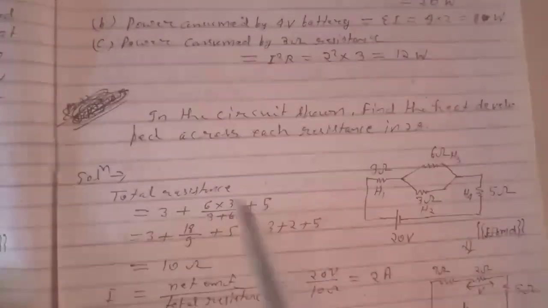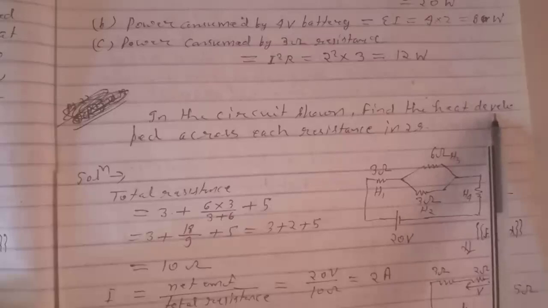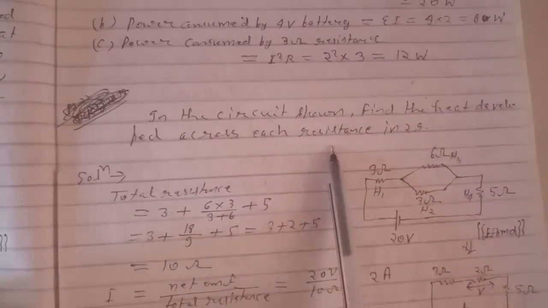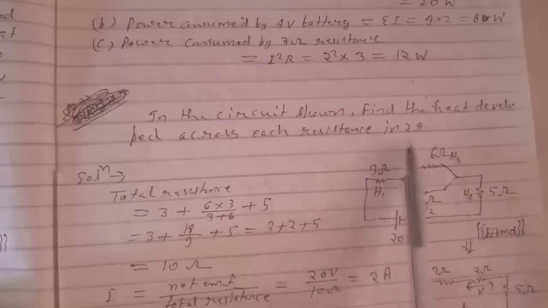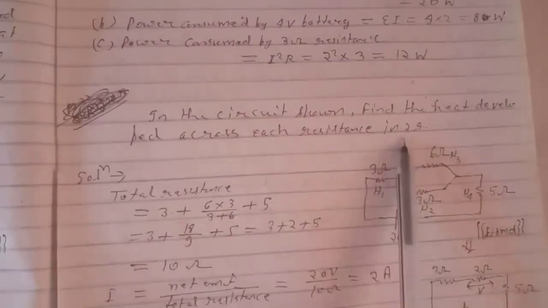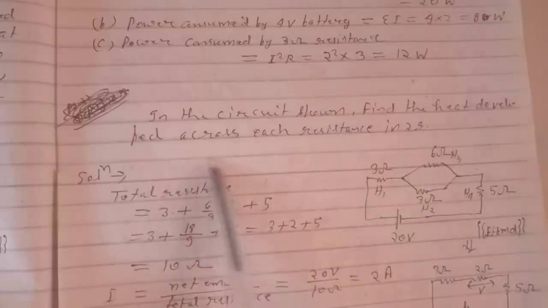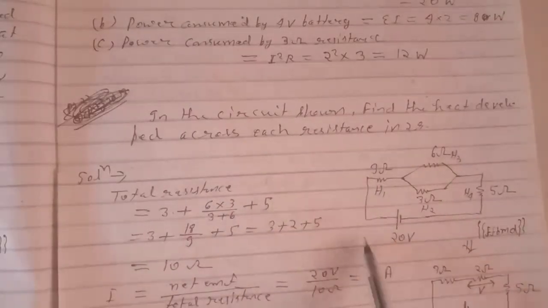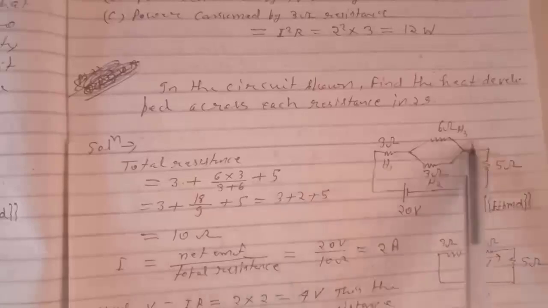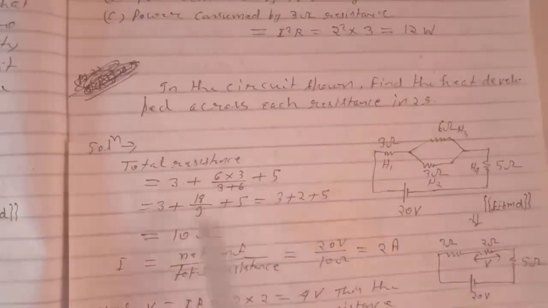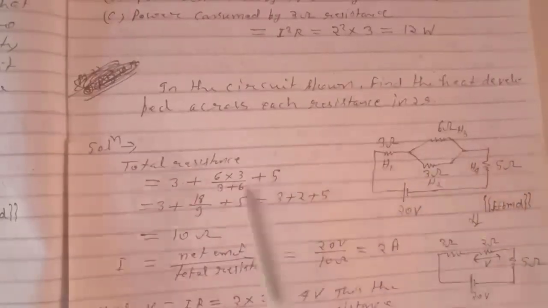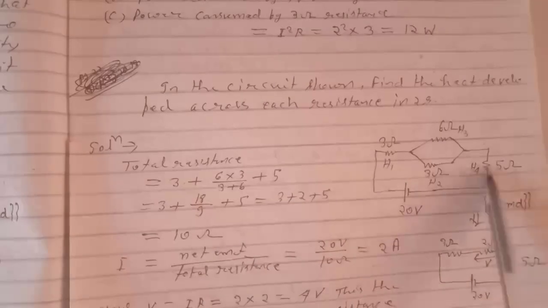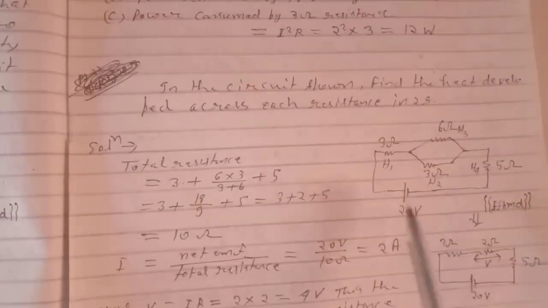Next, in the circuit shown, find the heat developed across each resistance in 2 seconds. Here the total resistance will be 3 plus 6 into 3 by 6 plus 3, because these are in parallel, and plus 5; these three are in series.